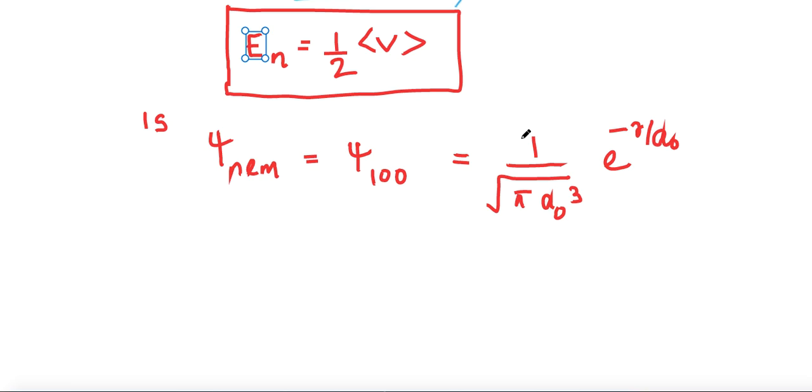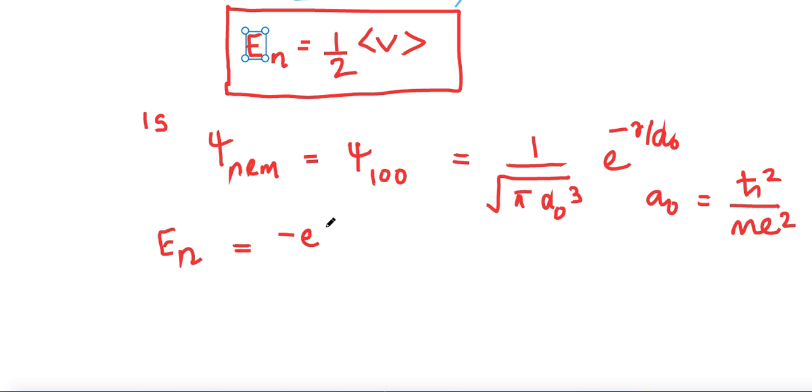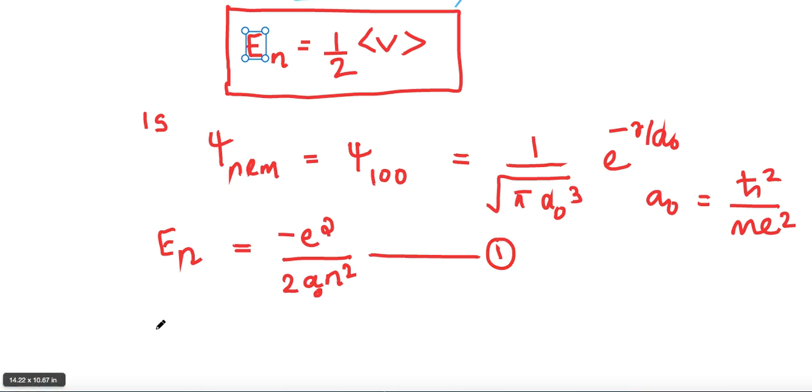The corresponding a0 is the Bohr radius, given by h cross square by m e square. We also know that the energy of the hydrogen atom is equal to minus e square by 2a0 n square. This is equation number 1. We have to prove that this is equal to half times the expectation value of potential energy.